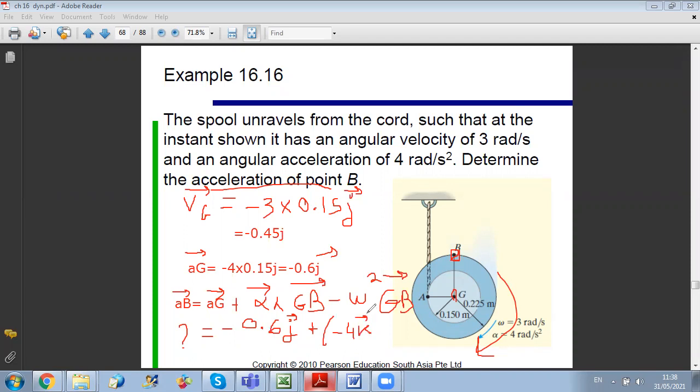vectorial GB. As you can see here, GB is an upward vertical vector. So GB is plus 0.225j, minus omega square. Omega is given, so minus 9 times GB, and GB is again 0.225j.